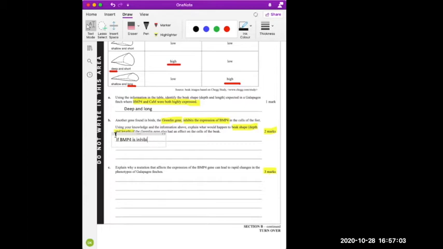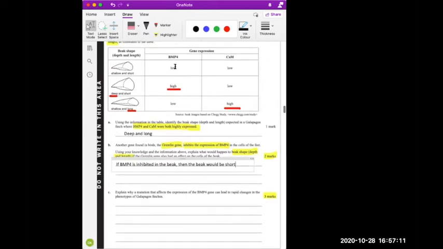So your first point would be: if BMP4 is inhibited in the beak, then the beak would be shallow, right? Because low or absent BMP4 gives a shallow beak, because only high BMP4 gives a deep beak. So the beak would be shallow.